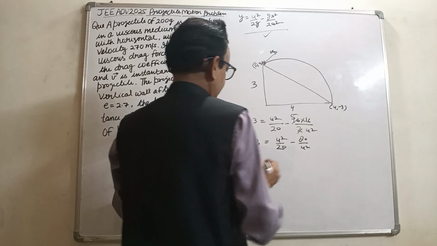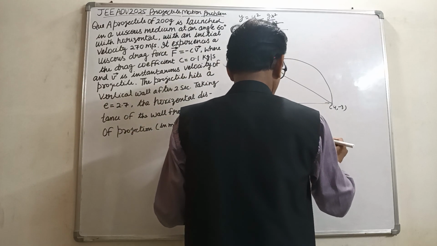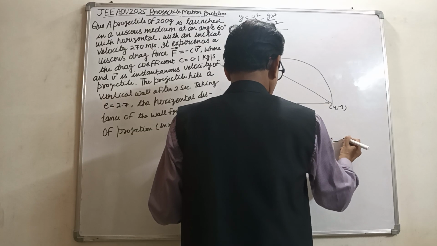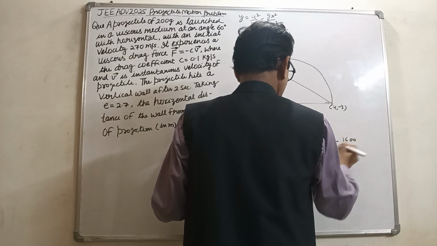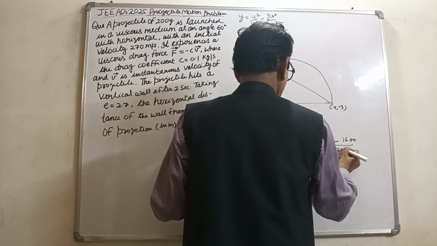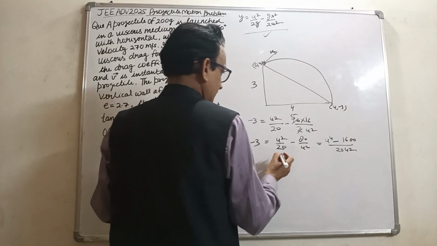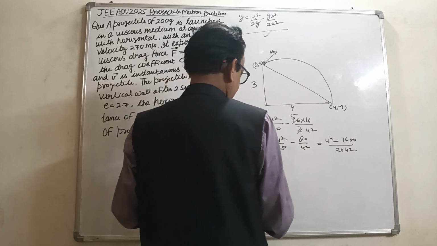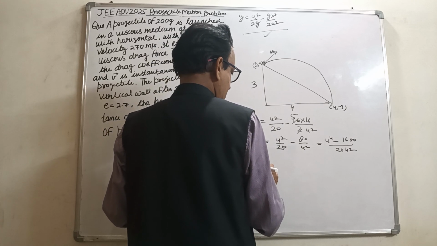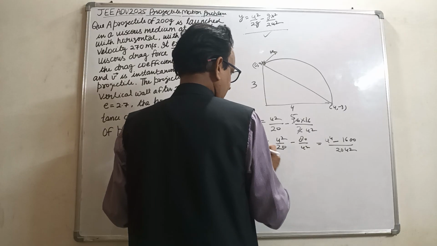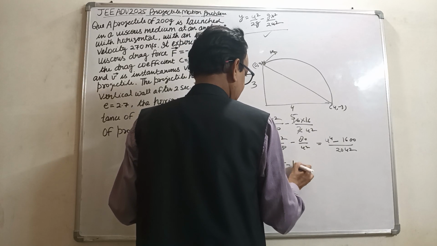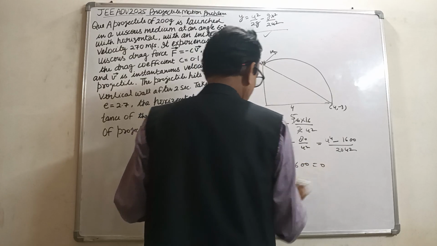So we write here u raised power 4 minus 1600 upon 20 u square. So this becomes u raised power 4 minus, this becomes plus 60 u square minus 1600 is equal to 0.